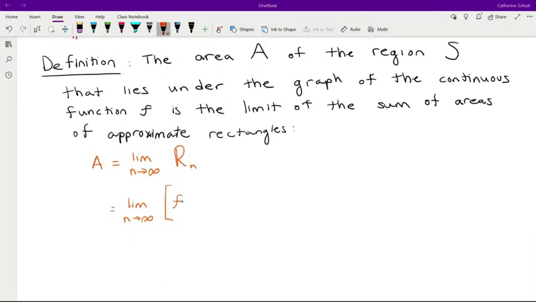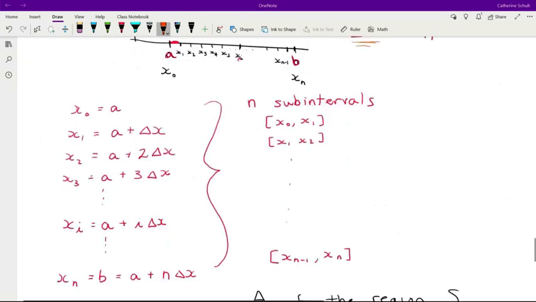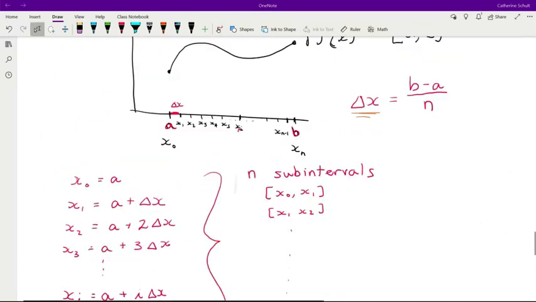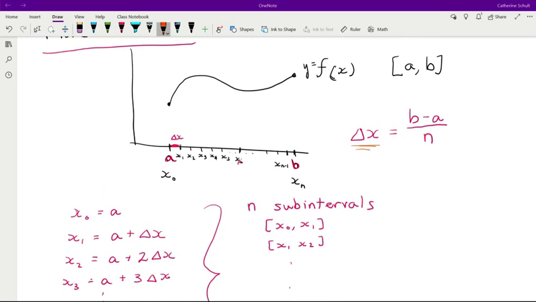And the height is determined by the right endpoint. Right? The height is determined by the right endpoint. So here's f of x1, and that's your first rectangle. And then we're going to look at delta x times f of x2. That's your second rectangle.